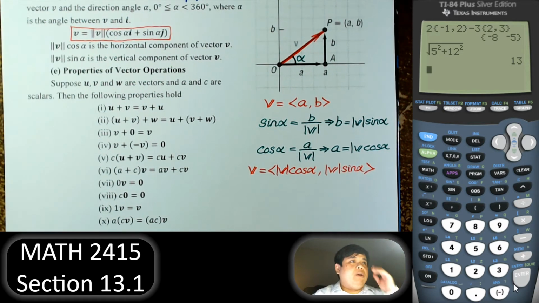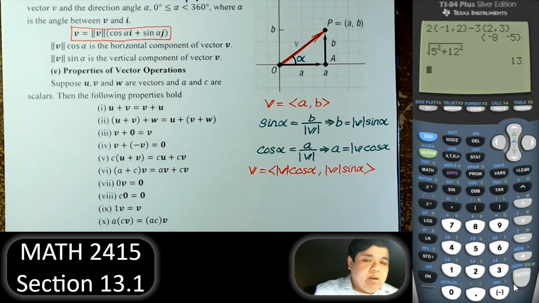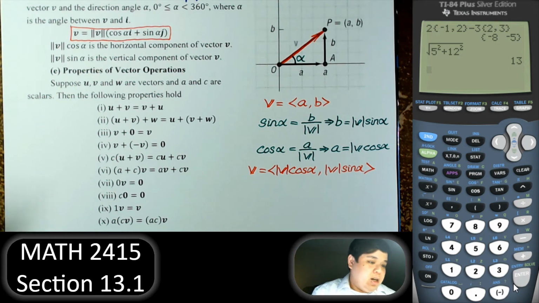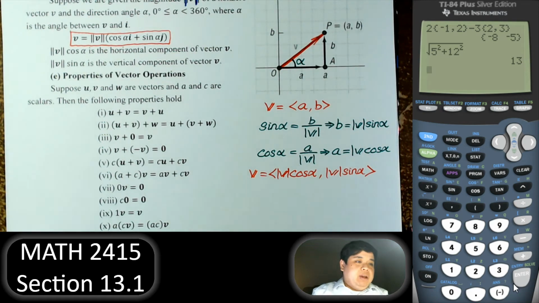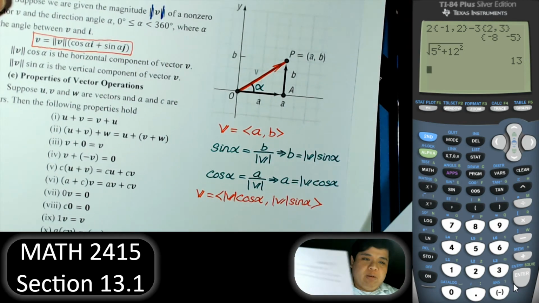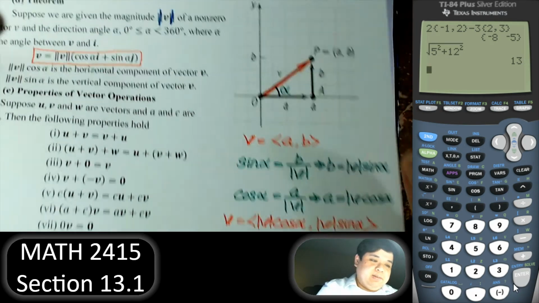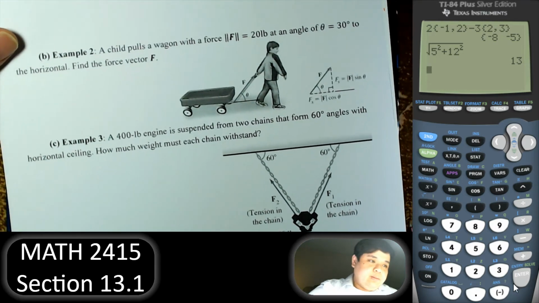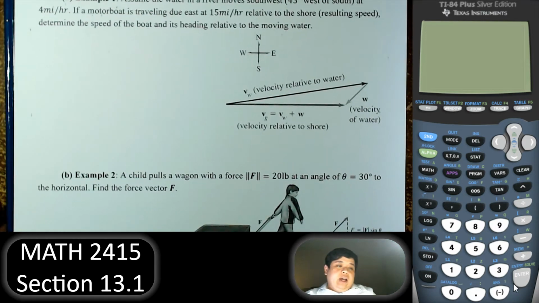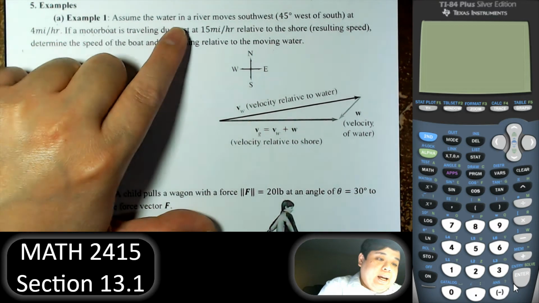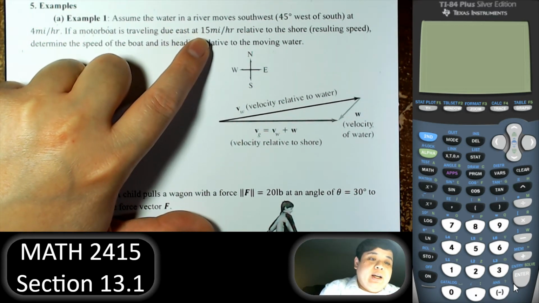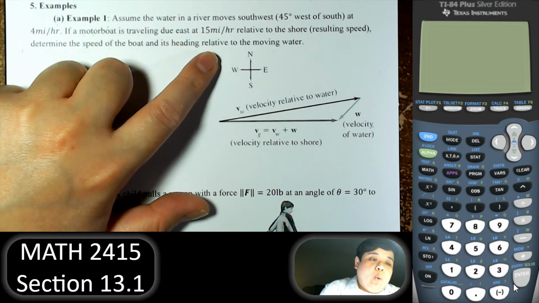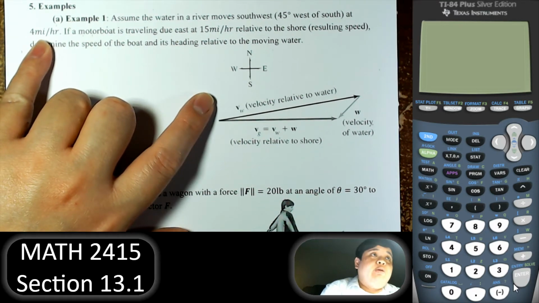Next we have the trivial or obvious properties of vectors. I'm just going to put all of that there. Let's go to some application, kind of simple physics application. Right. So assume the water in the river moves southwest, 45 degrees west of south, at 4 miles per hour.